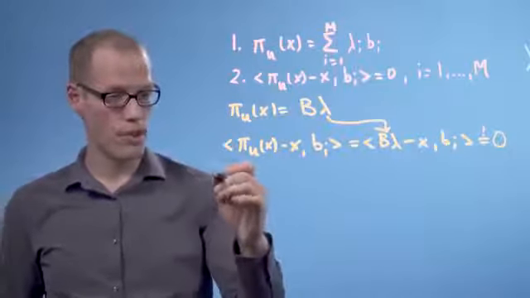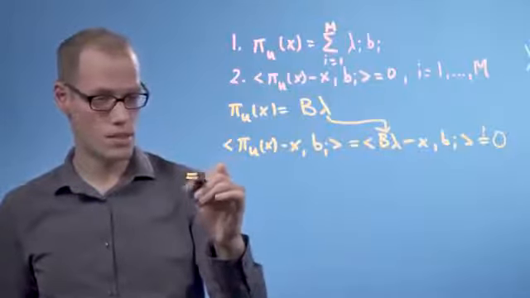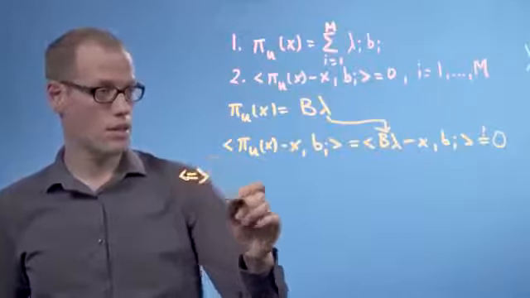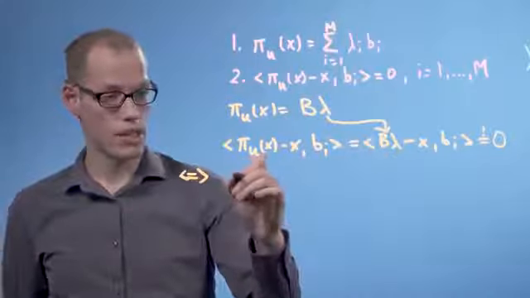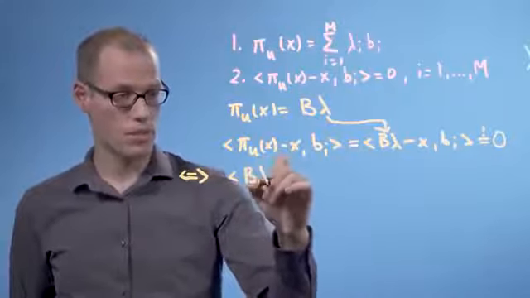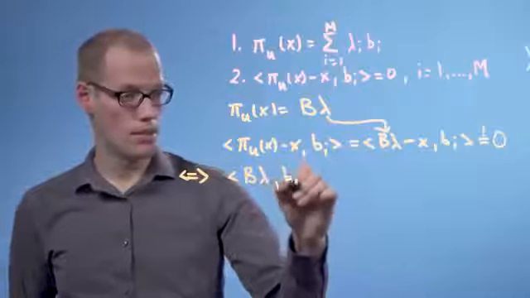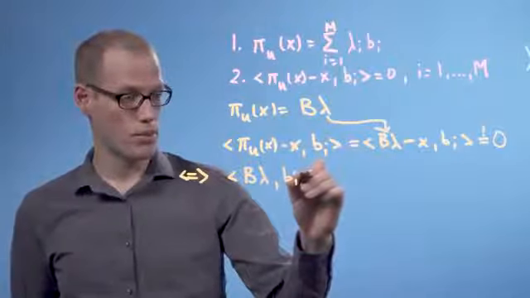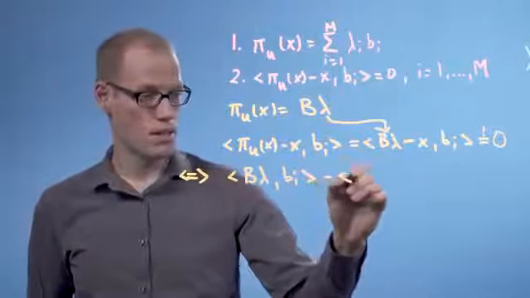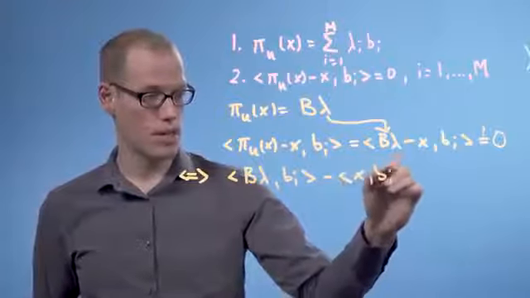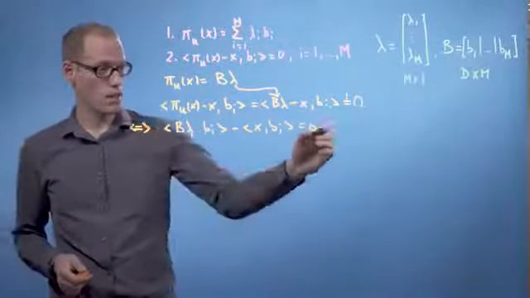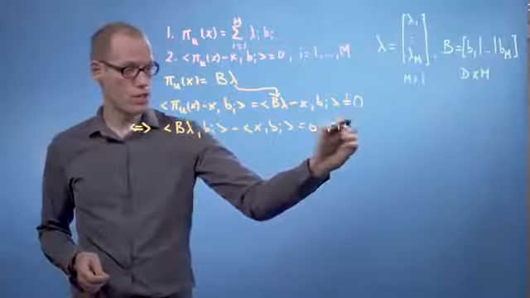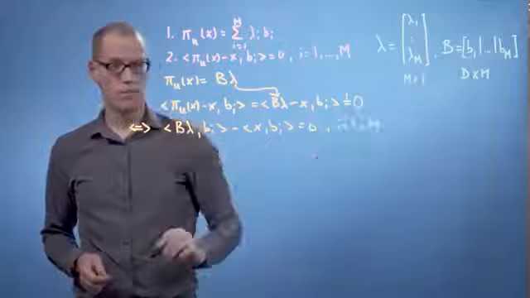So now we can simplify this by exploiting the linearity of the inner product, and we'll get B lambda inner product with bi minus the inner product of x with bi needs to be 0. And this holds for i equals 1 to m.